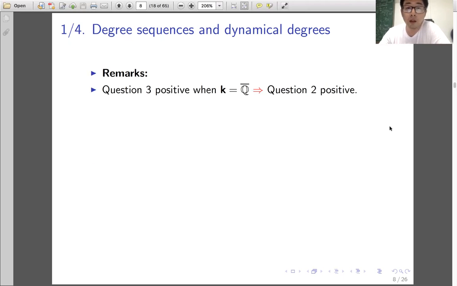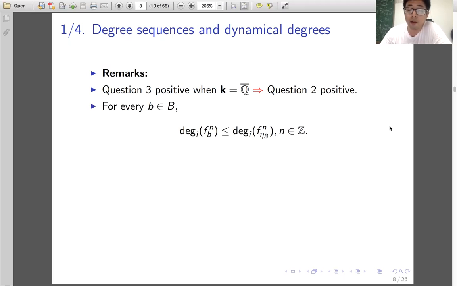Okay. Here we have some remarks. If question 3 has a positive answer for k equal to Q bar, then question 2 has a positive answer. And it's clear that for every point b in B, the degree sequence of F_b is less than or equal to the degree sequence at the generic point.